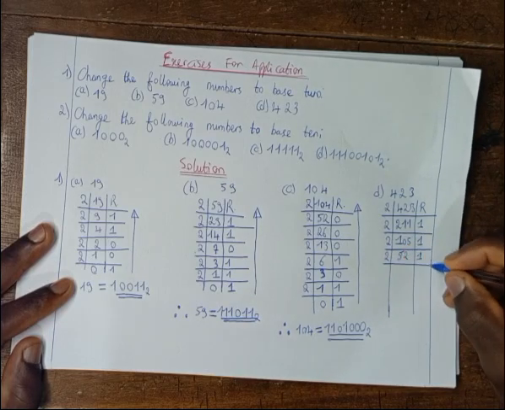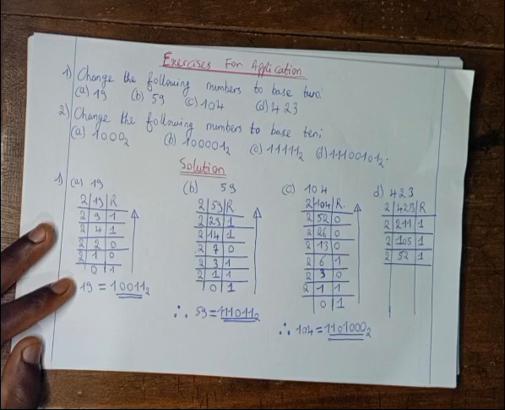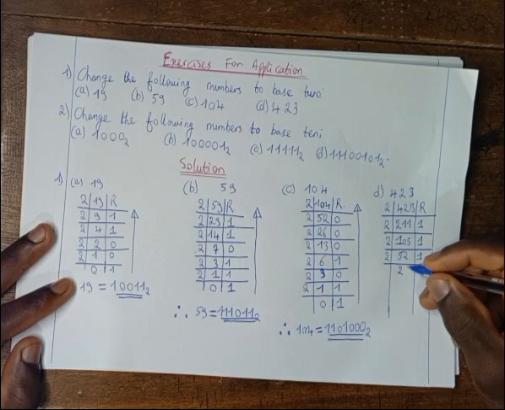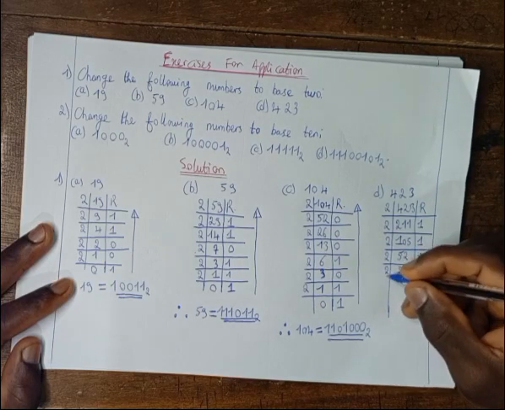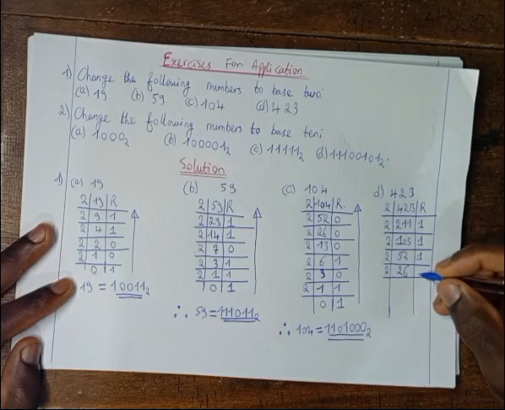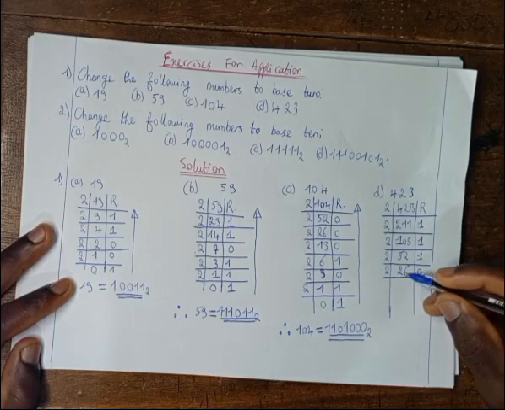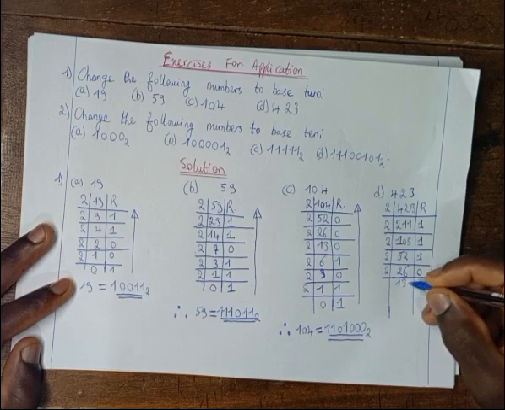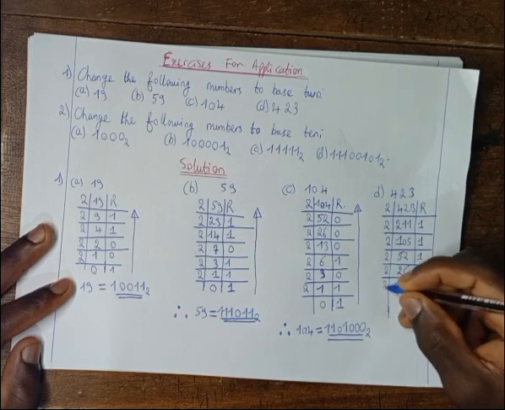Bring down 2. We have to divide the number 52 by 2. This will simply give us 26, remainder 0. Bring down 2. 26 divided by 2 will simply give us 13, remainder 0. Bring down 2.